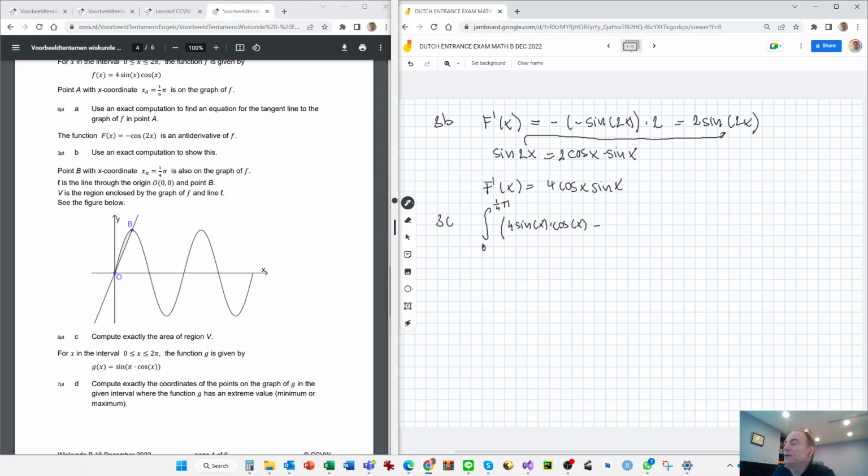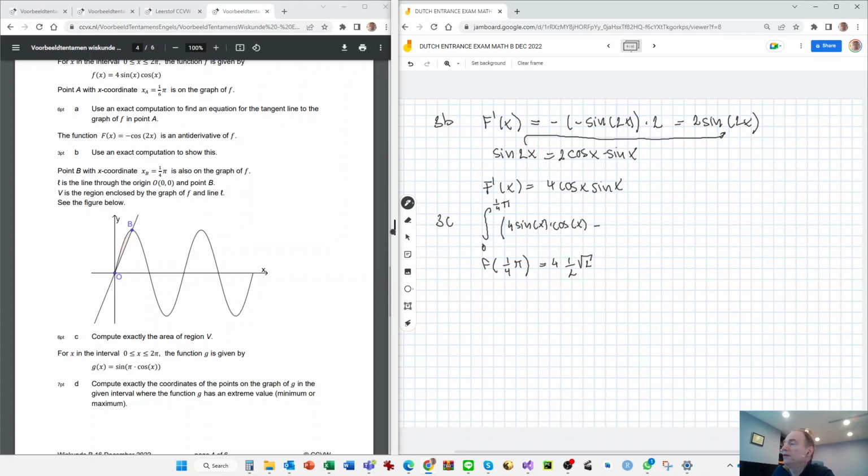So what is f at pi over 4? Well, I need to substitute that. That's 4 times the sine of a quarter pi, which is 1/2 square root of 2. And the cosine is actually the same. Again, go back to your unit circle to find that.